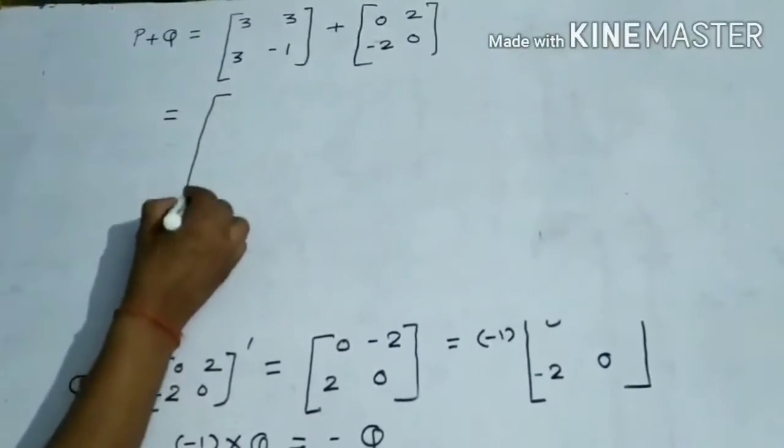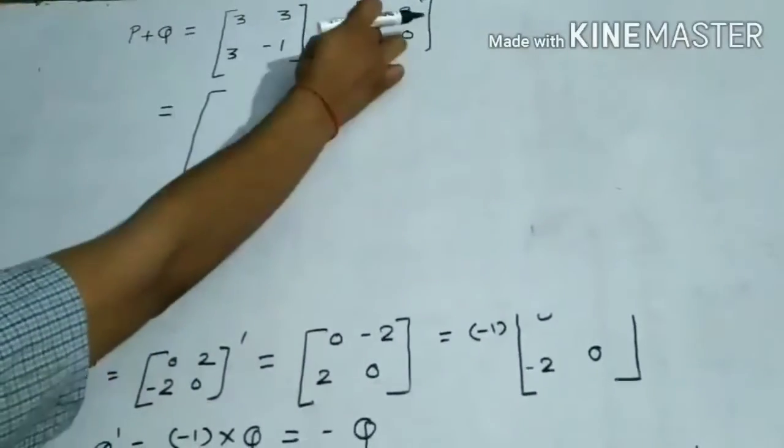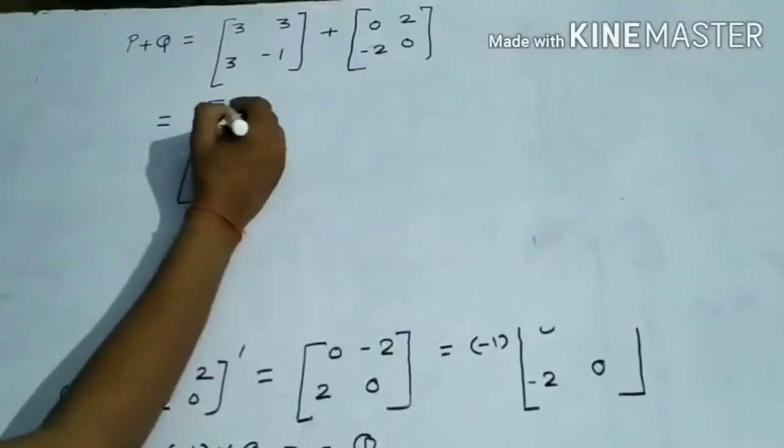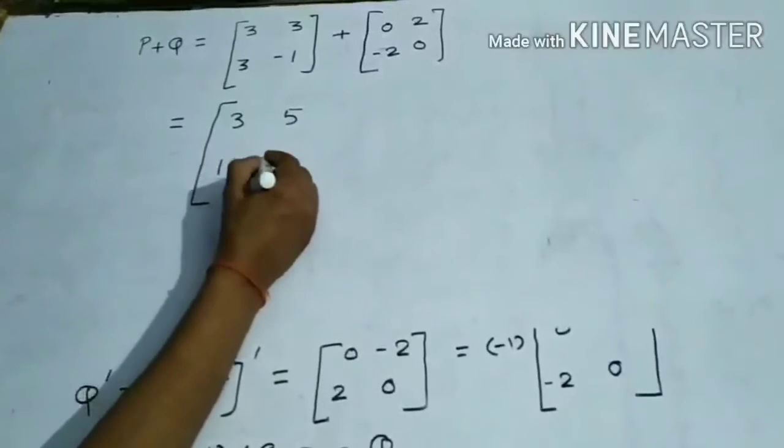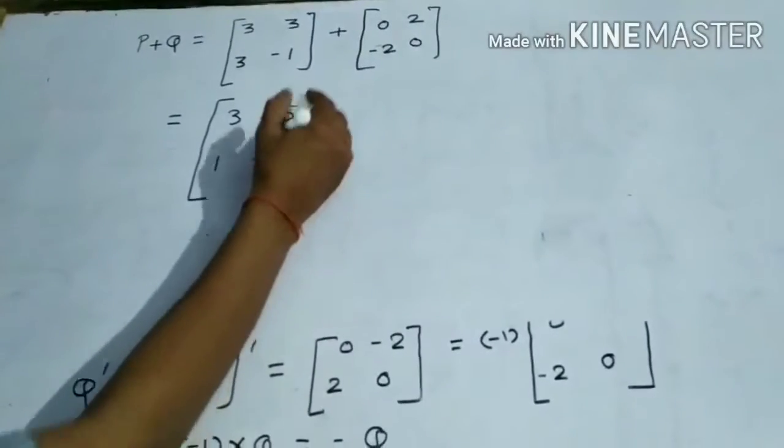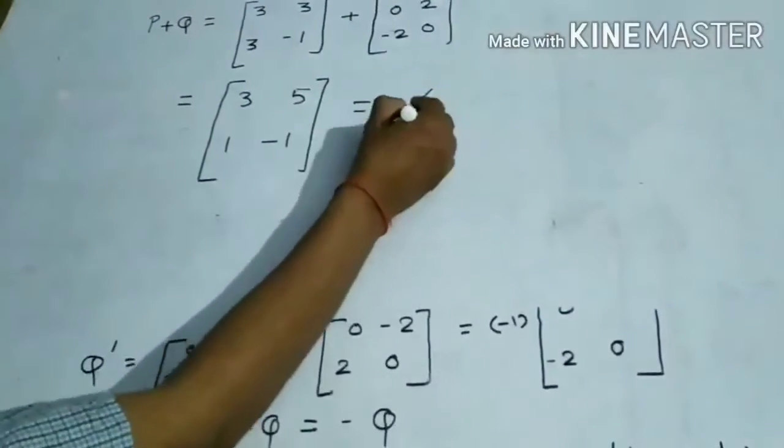So you have to add both the matrices: 3 plus 0 is 3, this is 5, this is 1, and this is -1. So this is the matrix X.